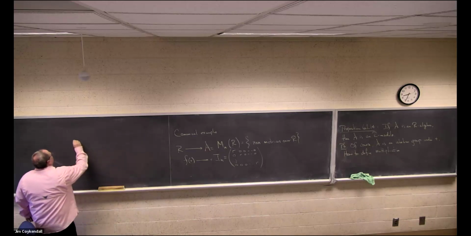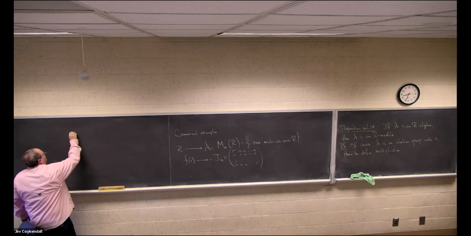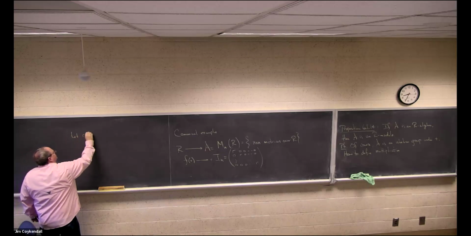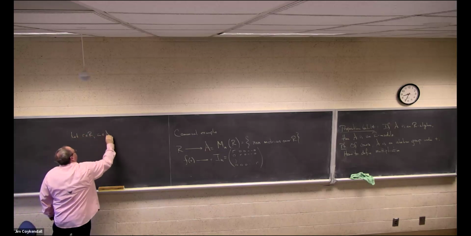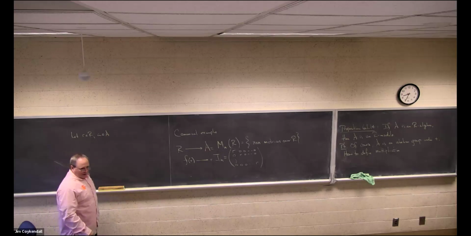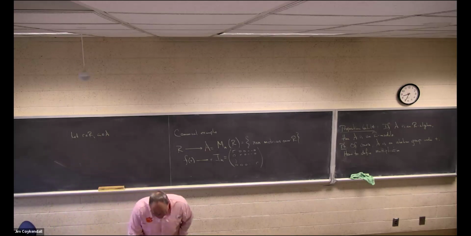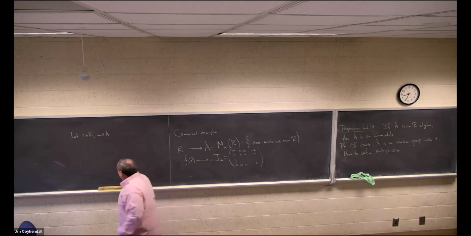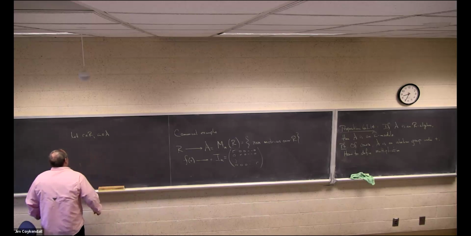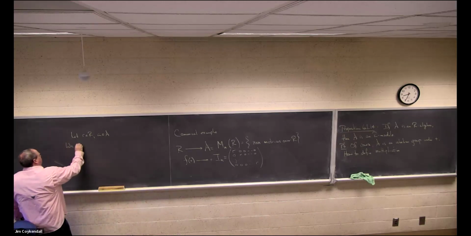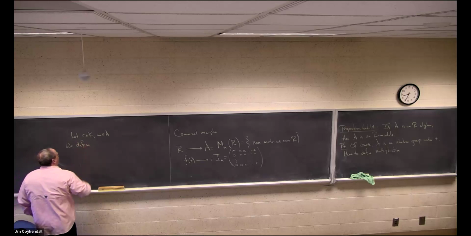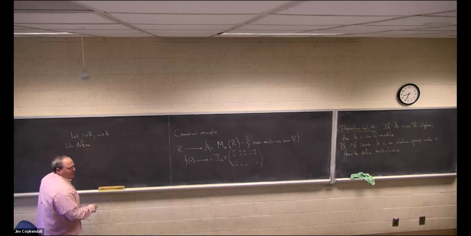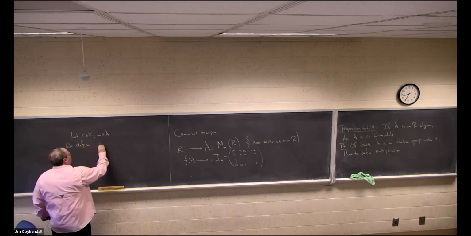I'm going to define, let r be an element of R and let a be an element of A. And I'm going to define, now I'm claiming that this is an R module, so I've got to be able to do that.